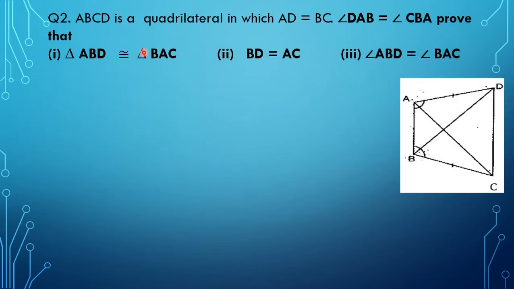The second question is: ABCD is a quadrilateral in which AD is equal to BC and angle DAB is equal to angle CBA.